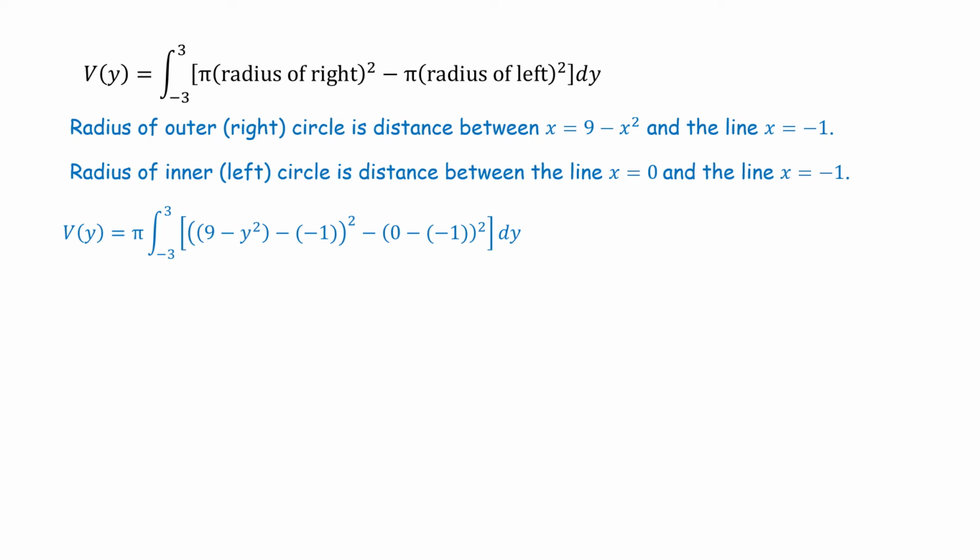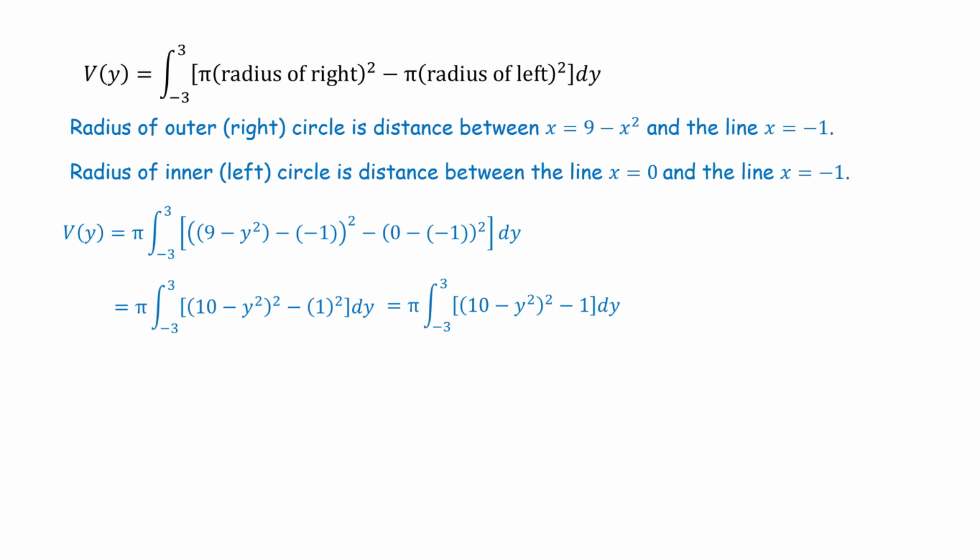We can simplify this. That'll take us to pi, the integral from -3 to 3 of 10 minus y squared, that quantity squared, minus 1 squared. Simplify a little bit more: pi times the integral from -3 to 3 of 10 minus y squared, that quantity squared, minus 1.